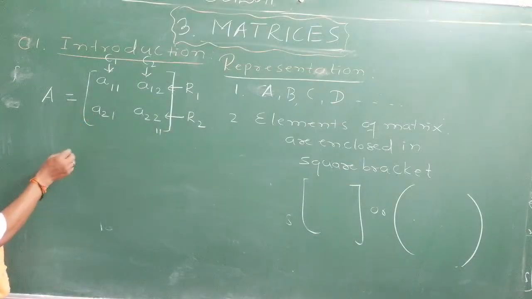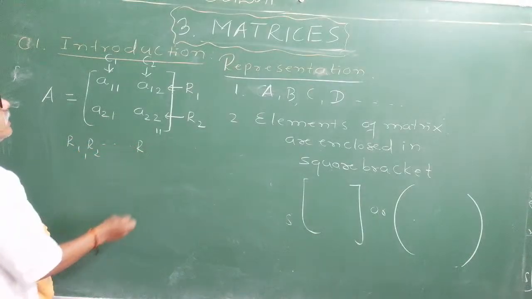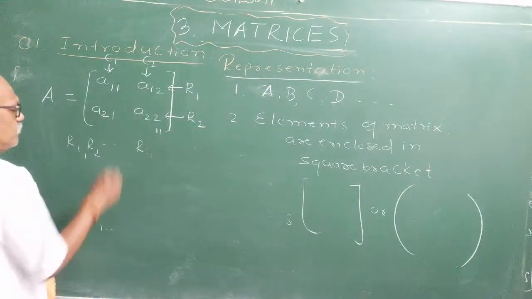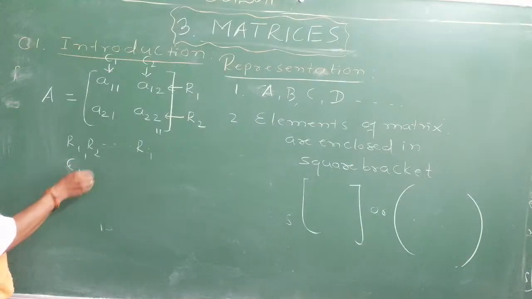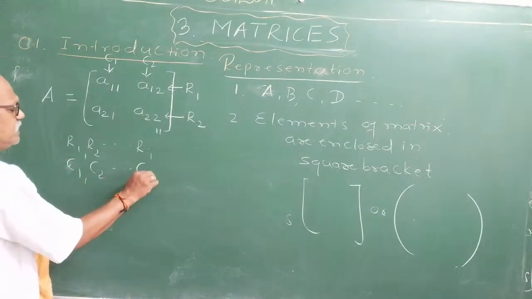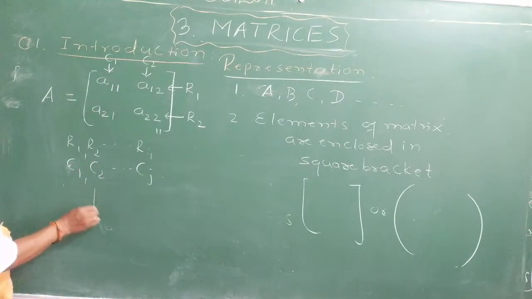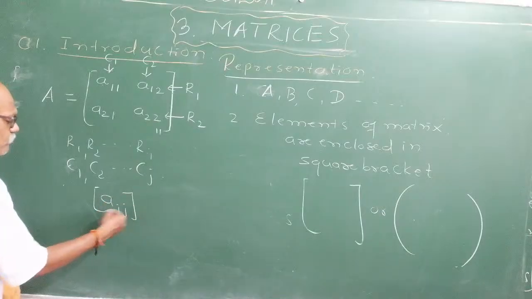And generally any number of rows are written as R1, R2, and so on up to Ri, right? And columns are written as C1, C2, and so on up to Cj. Any element of a matrix is represented by Aij.